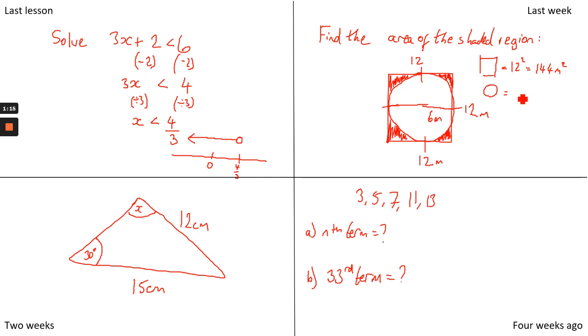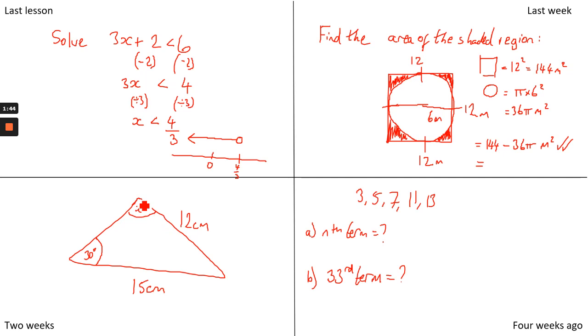And the area of the circle is going to be pi times 6 squared, which is 36 pi meters squared. So the area of the shaded bit is going to be 144 minus 36 pi meters squared, and you can just leave it like that. So we've got the whole square, we've taken off the circle, so this is what we've got left. If you've done it as a decimal, that's also fine.